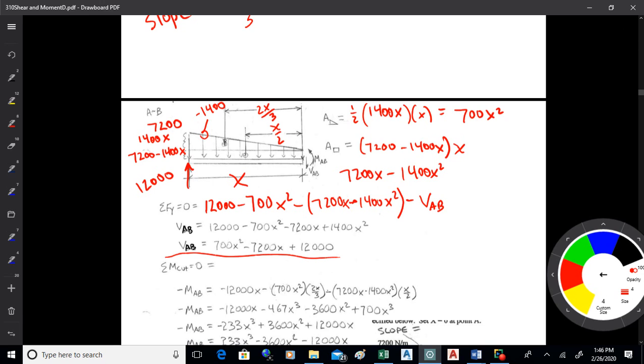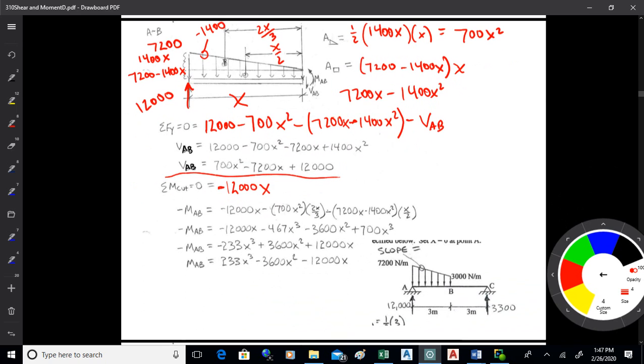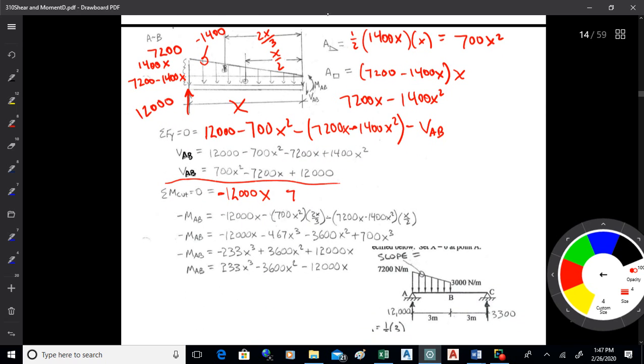Now the sum of moments about the cut. Again, just one step at a time there. I've got the 12,000 on the left for the reaction, moment arm of x, clockwise, so it's negative. Then I've got the area of the triangle, and what I've got there is, its area is 700x squared.